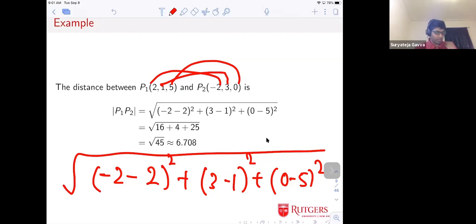Is it clear? That's one basic idea. In 3 dimensions, the distance formula changes slightly: we have an extra z2 minus z1 squared. If you simplify, in this case you get about 6.7, but essentially you apply the formula with those coordinates and you'll get this answer. Questions on this?